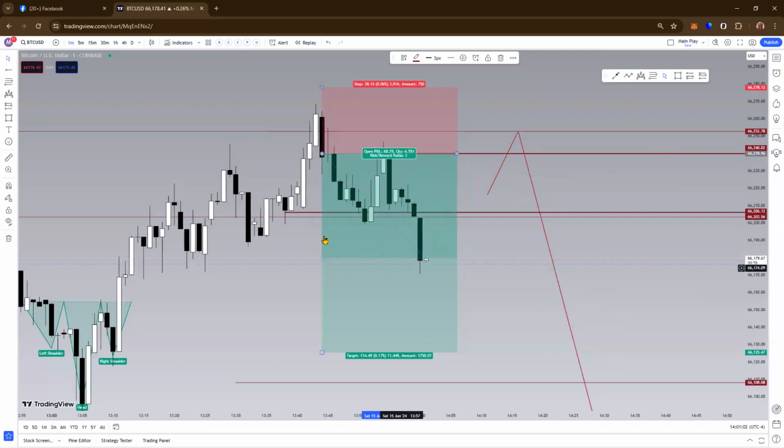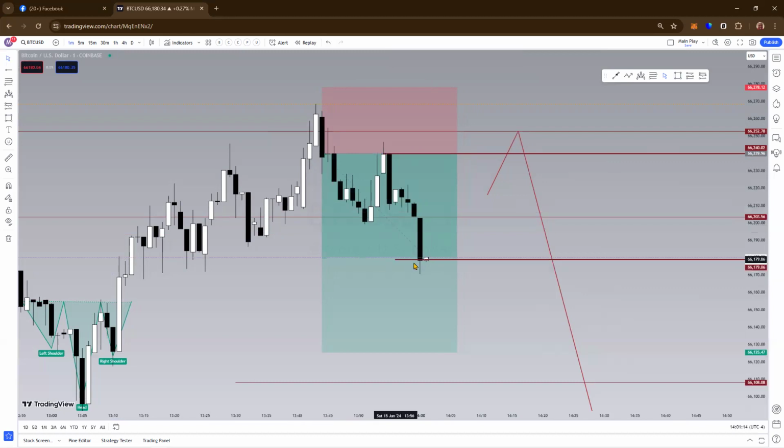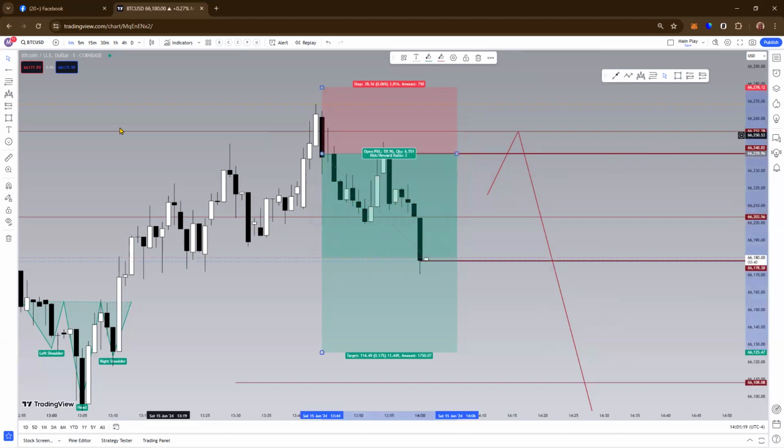Because now the most recent low, it just made a lower low. And this is now the most recent low. Okay.